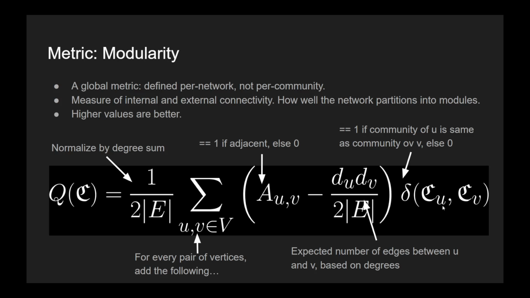Otherwise, it's going to be a 0. In other words, this term is going to be applied only for pairs of nodes that are in the same community. If they're in different communities, then it's going to give you a value of 0 regardless of what's in here.